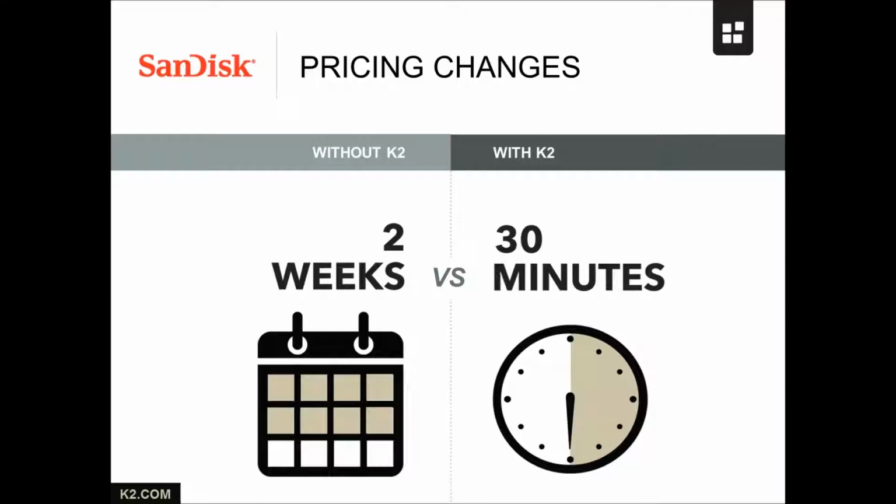Now with the automated K2 system, they're seeing price decisions made in corporate trickle down to the field in as quickly as 30 minutes. So this is a significant value add for a company dealing with electronic equipment that has a short shelf life, so it's very important to stay consistent with the pricing models in different regions.